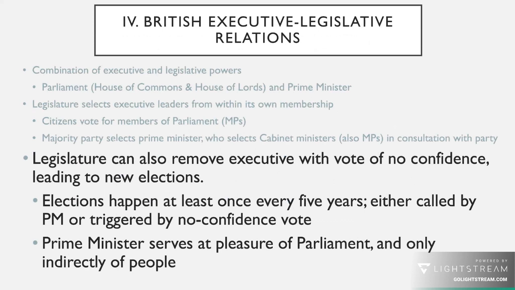So if the parliament is unhappy with the prime minister, which has happened fairly often in the past several years, then the parliament can have a no confidence vote, and if it passes, then new elections are triggered. So the important thing here really is that the prime minister serves at the pleasure of the parliament and only indirectly at the pleasure of the people.